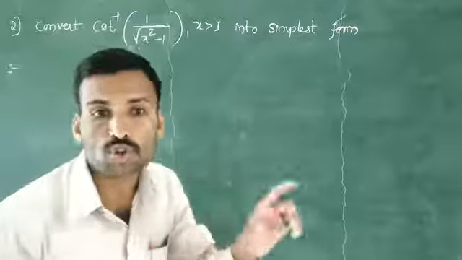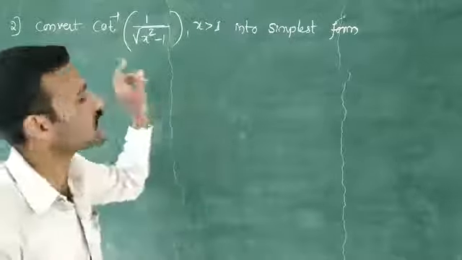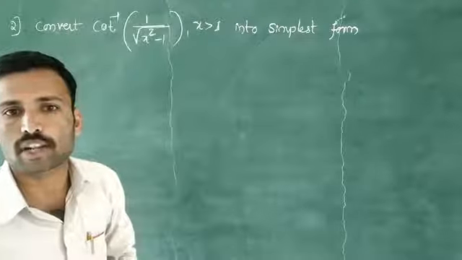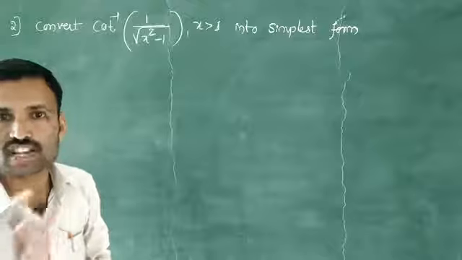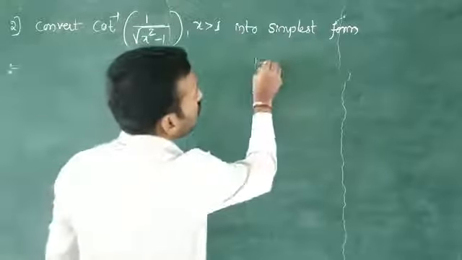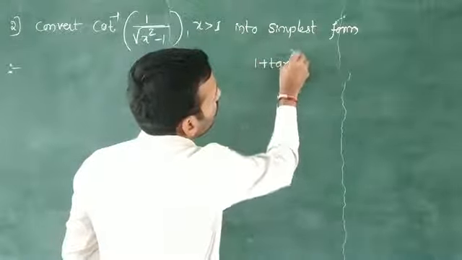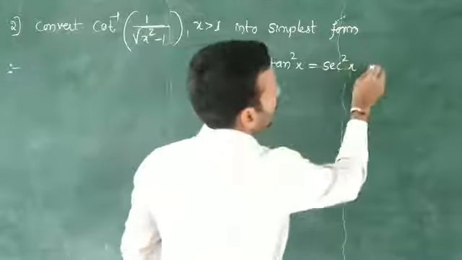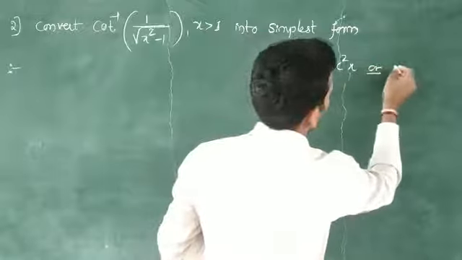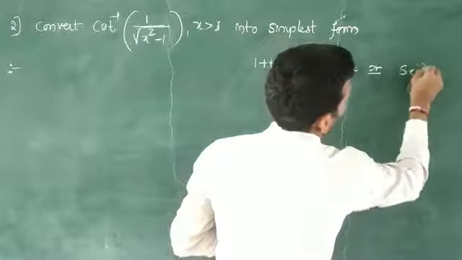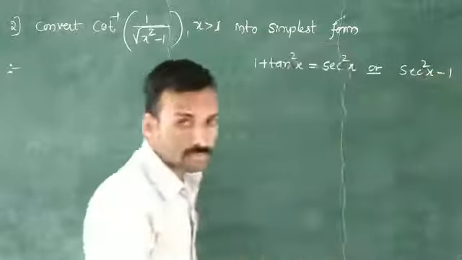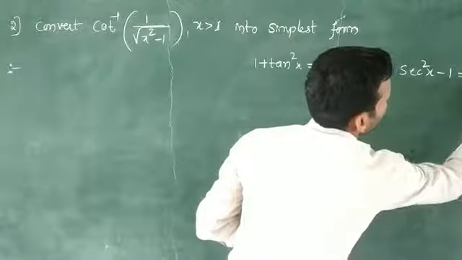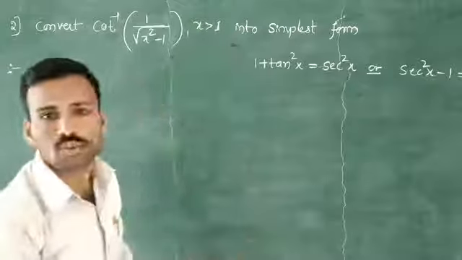What you have to substitute for x, for that x square minus 1 form? Which trigonometric identities do you already know? As you know already, 1 plus tan square x is equal to sec square x, or this can be written as sec square x minus 1 is equal to tan square x.